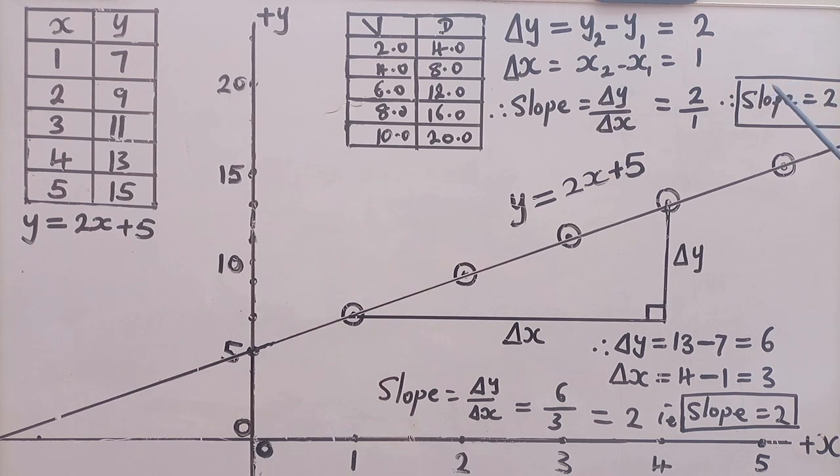Compare it with the one we got earlier, the one we got without using the sketch. The one we got from the table straight was slope is equal to 2. And now, after we got a slope from the sketch, we also have that slope is equal to 2. Therefore, whether we calculate slope from the table or from the Cartesian sketch, if we have done what we ought to do, the values are supposed to be the same, as we have just seen in this case.